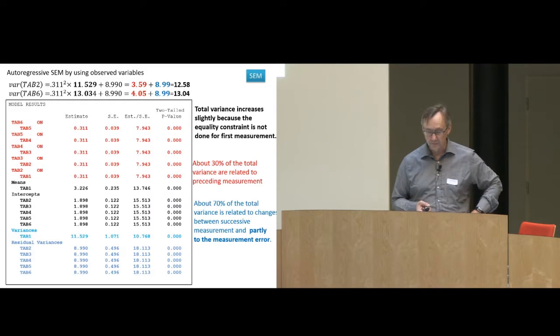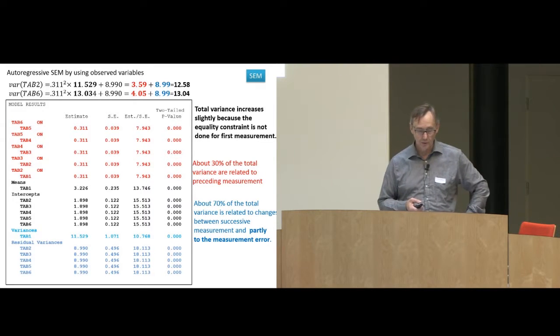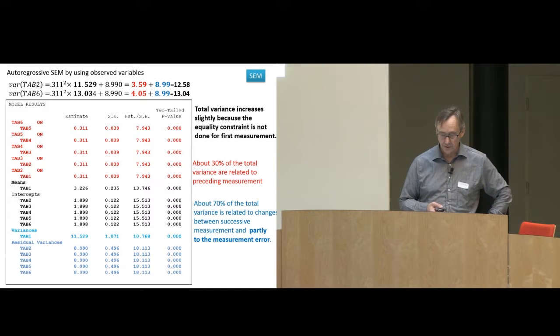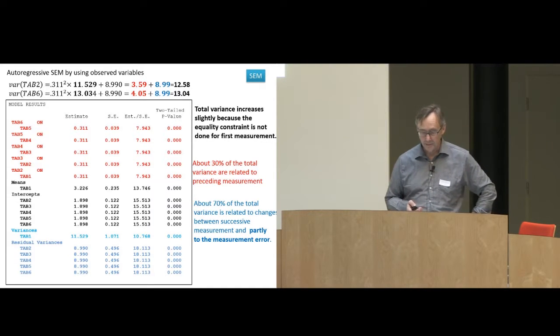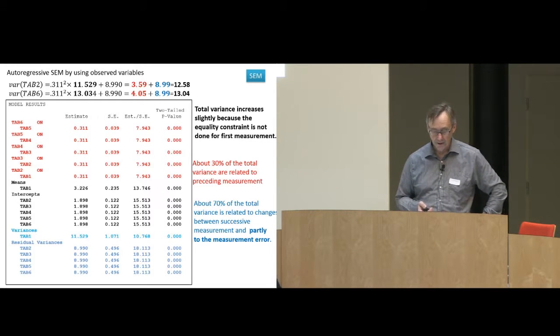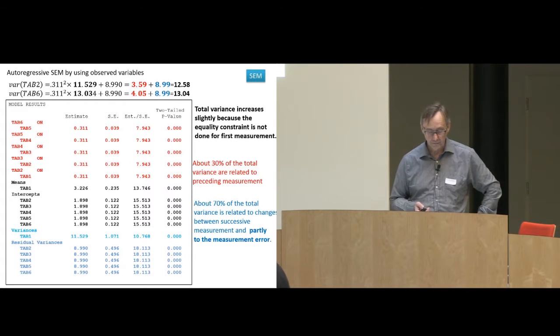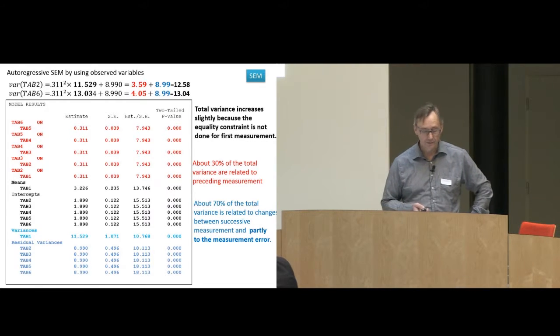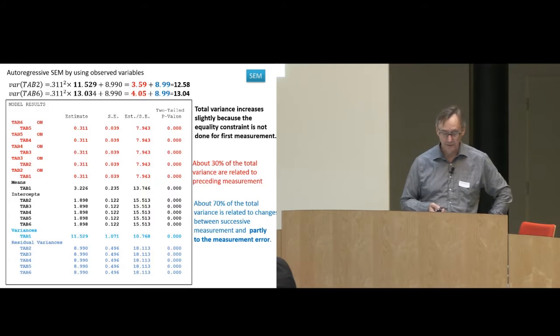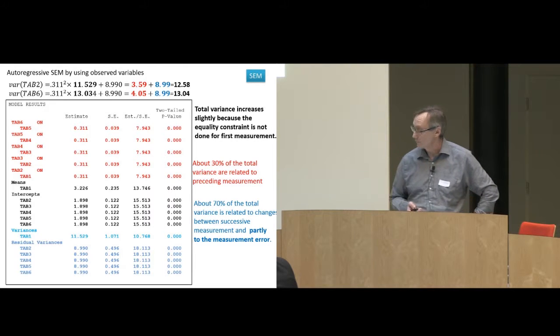This is an example using the Mplus program. You can see that there is only one beta coefficient, 0.3, and then there is a mean value for the first time point, variance for the first time point, but then there is one estimate for intercepts for times 2, 3, 4, 5, and 6, and one estimate for variance in times 2, 3, 4, 5, 6.